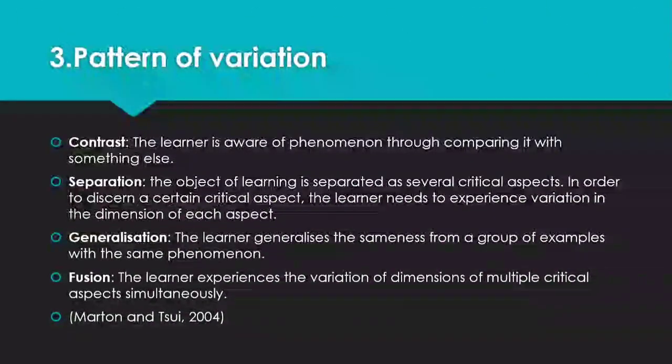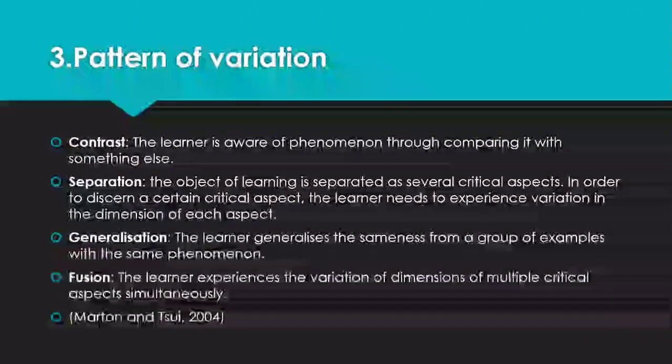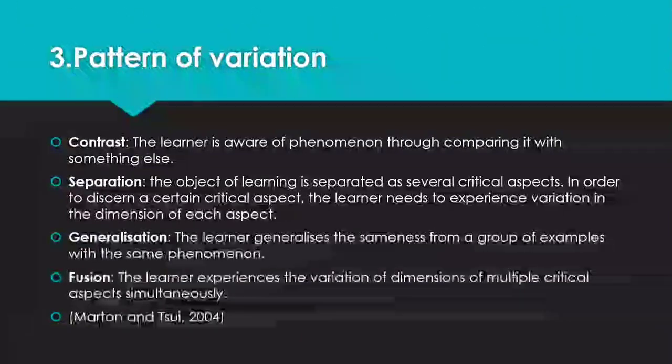Okay, next, I'm going to introduce the pattern of variation. In variation theory, there is a significant pattern of variation to describe the change of the learner's perception during the whole process of learning.